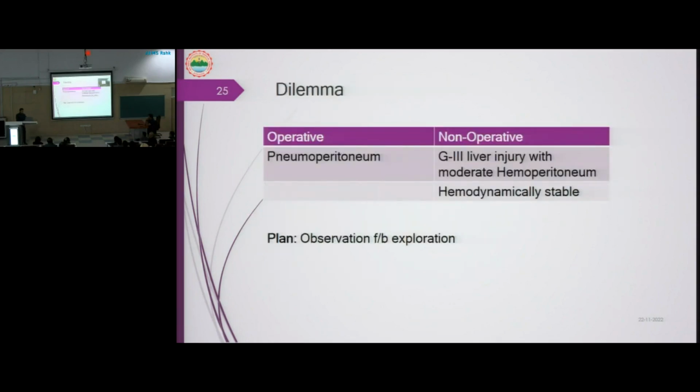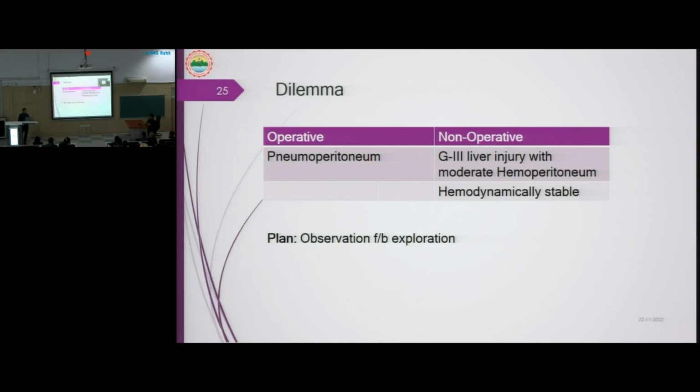There was a dilemma regarding whether we should go for operative or non-operative management. The factors favoring operative intervention were pneumoperitoneum in the case of trauma, though cases of pneumoperitoneum with extensive chest trauma without abdominal injuries have been reported.